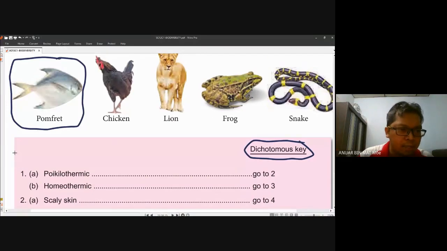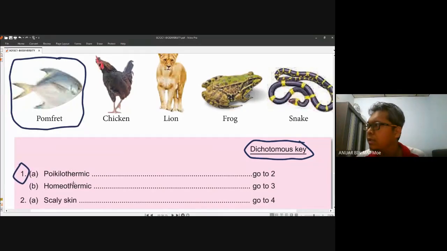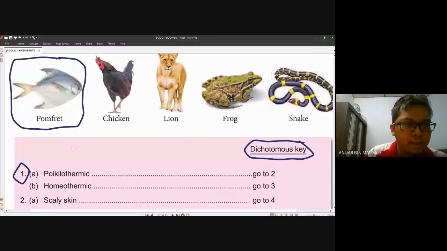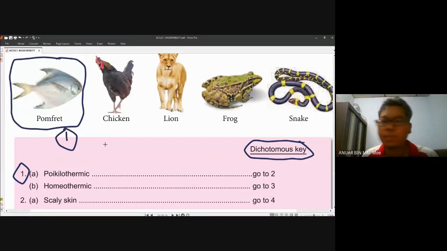Key number one asks you whether it is poikilothermic or homeothermic. Can anybody tell me, for the first species here, the pomfret, is it poikilothermic or homeothermic?